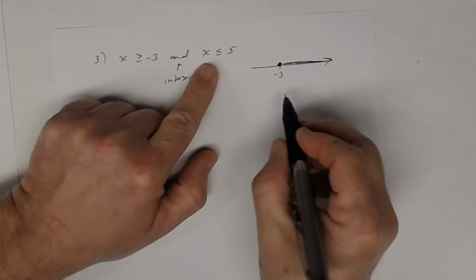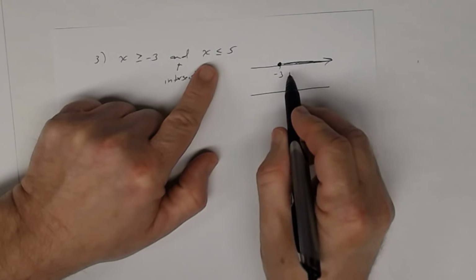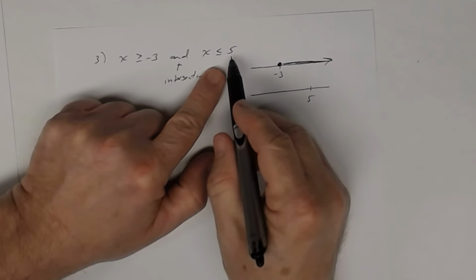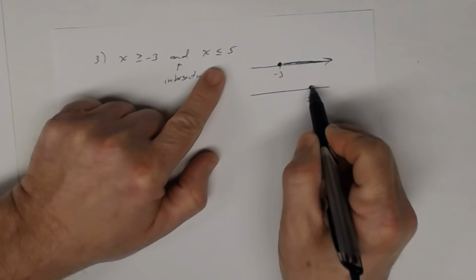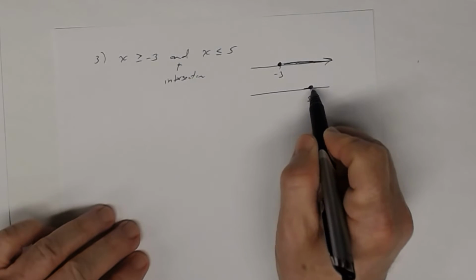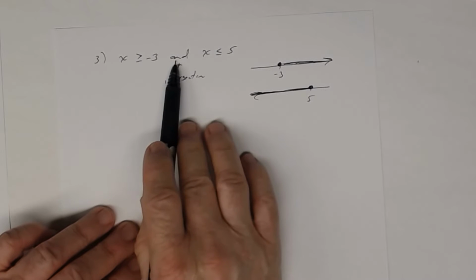If I look at this one, and make sure you put 5 to the right side in relation to -3. So here's 5. Equal sign, so closed circle. And so I want to shade in every real number that's less than that. Now remember, this is and.